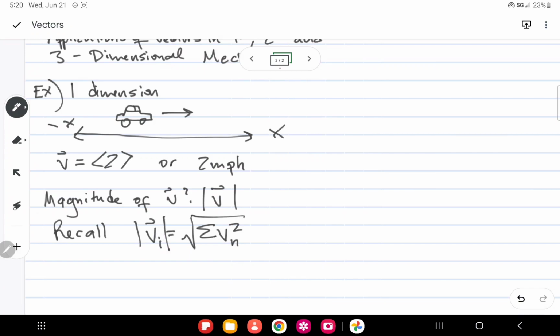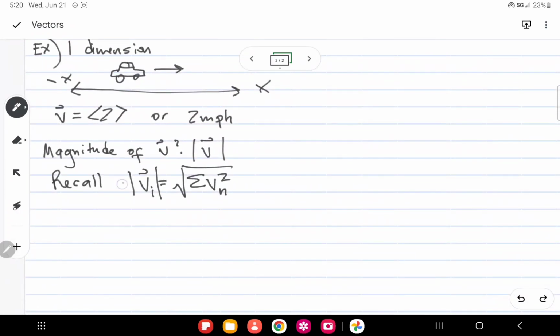Okay, so in this case, n is 1 because it's just a one-dimensional vector. It only has the x-axis. So in this case, we will use this formula.